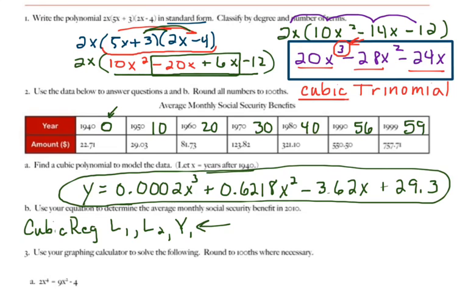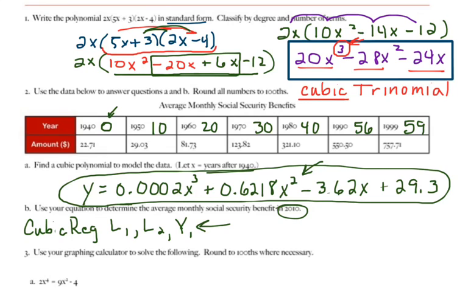So in this case, X is the number of years since 1940, and the amount, Social Security benefits, is the Y value. So if you had a date since 1940, you could plug that into the equation for X, and it would tell you what the amount of benefits are, the Y value.